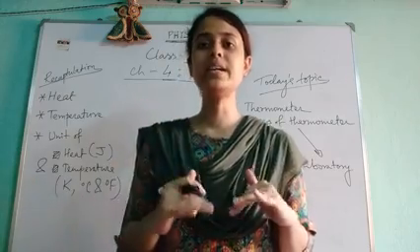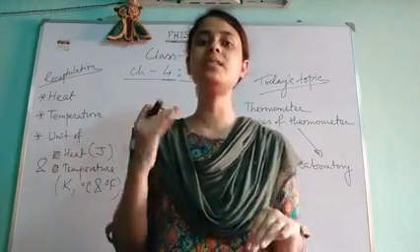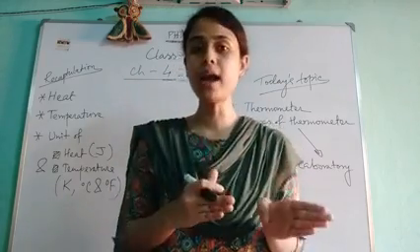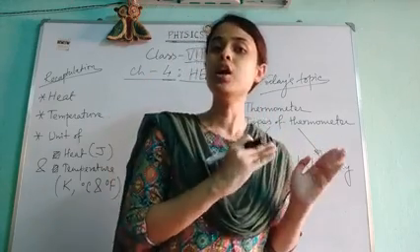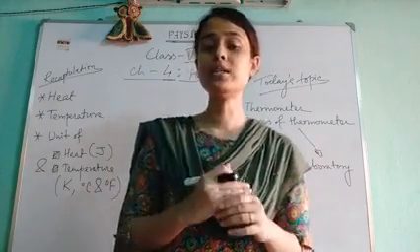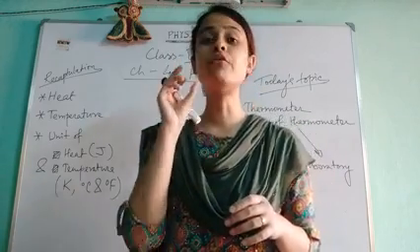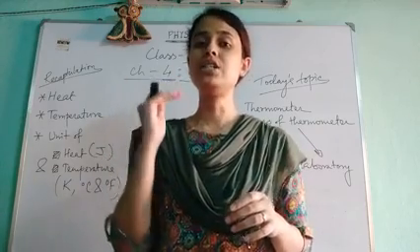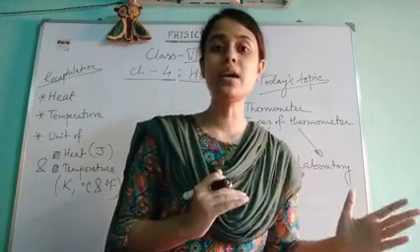So obviously there is a temperature difference, and what I told you, when there is a temperature difference, the heat will flow. And the heat will flow from where to where? Yes, obviously from higher temperature to lower temperature. So what does this mean? When you leave a cup of tea for a long time, what will happen? The tea will lose its hotness to the surrounding.